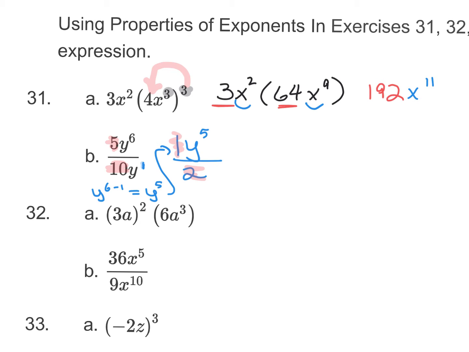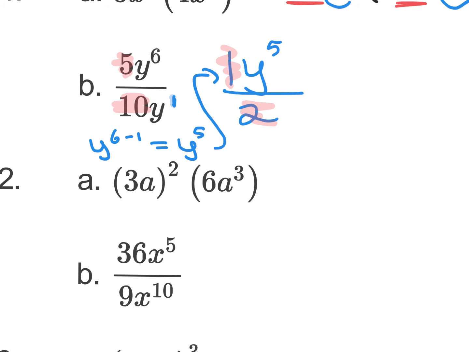The next one, remember to apply the power to the 3 and to the a. So this becomes 9a squared. And then I'm going to multiply. 9 times 6 is 54. And then I add the exponents, a to the 5th, and I'm done.